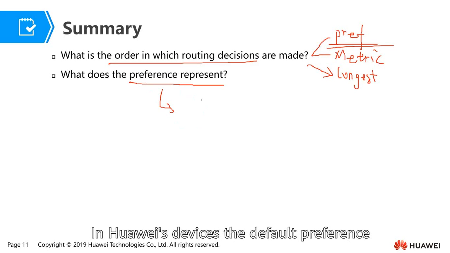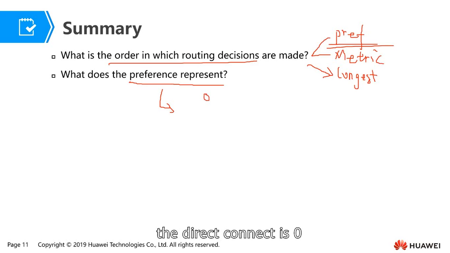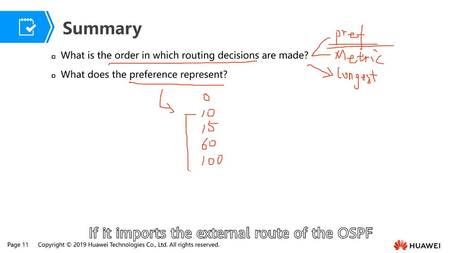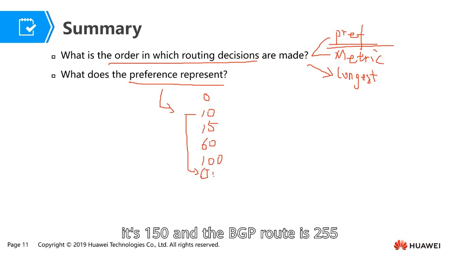In Huawei's devices, the default preference for direct connect is 0, and OSPF is 10. IS-IS is 15. The static route is 16. RIP is 100. And OSPF has another value: if it is imported, the external route of OSPF is 150.